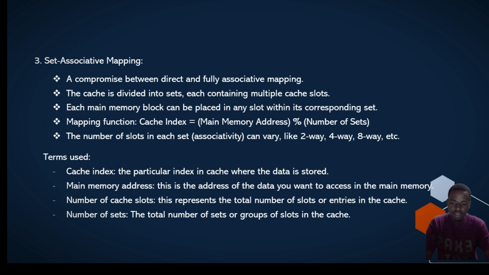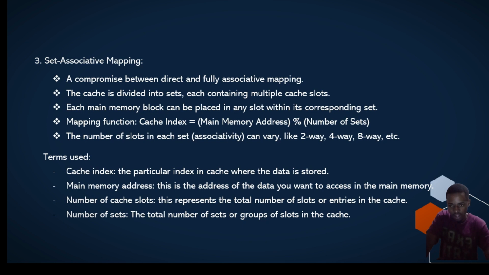Cache index is a particular index in cache where the data is stored. Main memory address is the address of the data I want to access in the main memory. And then number of sets is the total number of sets of slots in the cache. So the number of slots in each set can vary, like 2-way, 4-way, 8-way, depending.